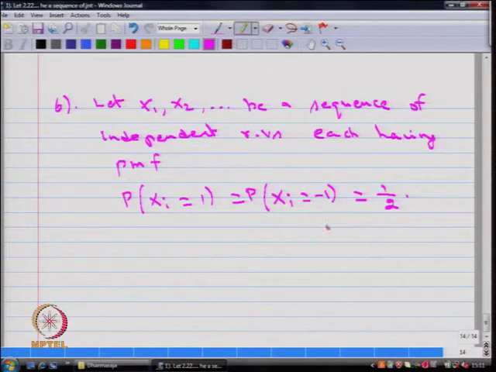This is valid for all i, that means it is a sequence of IID random variables and they are discrete type.